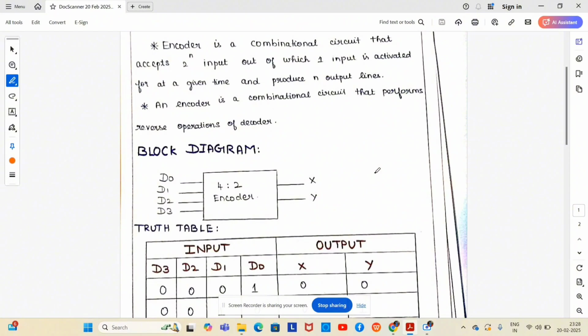Using more bits will take more power and bandwidth. Then it reduces accuracy. In order to overcome this problem, we are using encoder. So encoder is used to reduce the binary bits while transmitting the data. That is 2 power n to n bits.